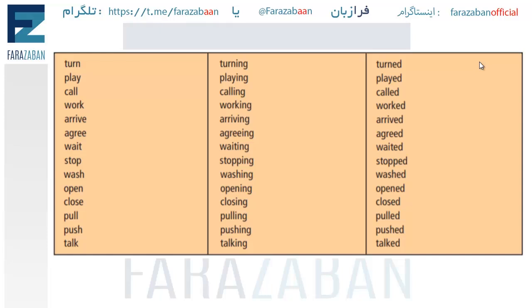Calling, working, arriving, agreeing, waiting, stopping, washing, opening, closing, pulling, pushing, talking. Sorry, if your verb has an e at the end, when you want to add ing, remove the e, then add ing, okay?